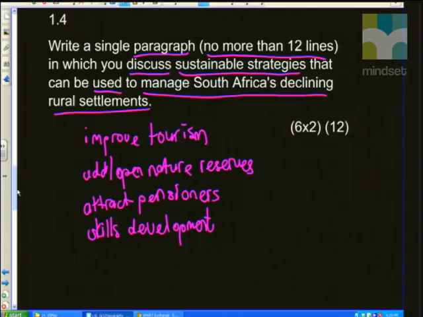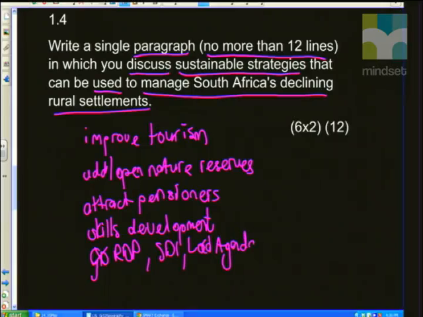We can employ initiatives like the Rural Reconstruction and Development Program, the Spatial Development Initiative, Local Agenda 21, which we looked at earlier. So if you mention all of those things, you are likely to get your marks.